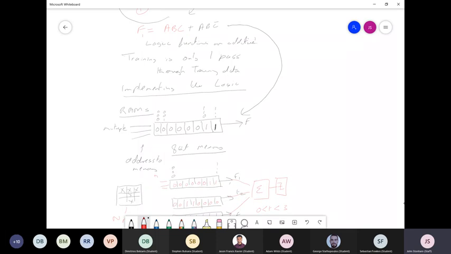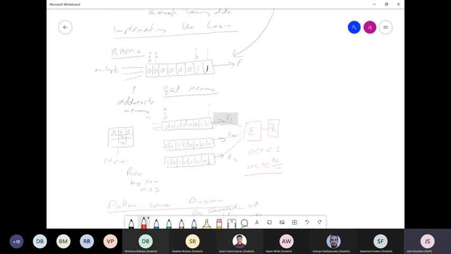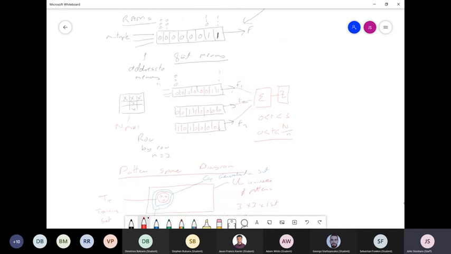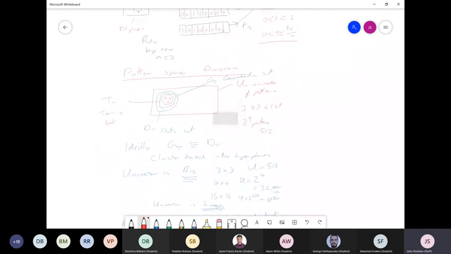So we have 8 bits of memory, and that remains 8 bits however many training patterns we put in. What changes is the content of the memory. So there is the system with the 3 training logic functions as memories. And what this creates in pattern space is clusters rather than dividing the universe in hyperplanes.